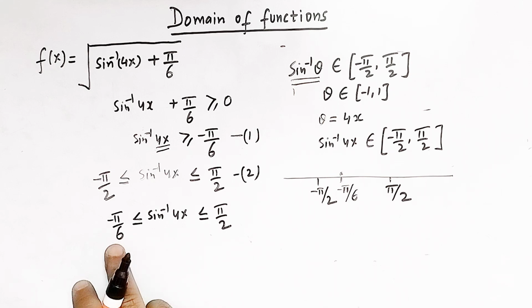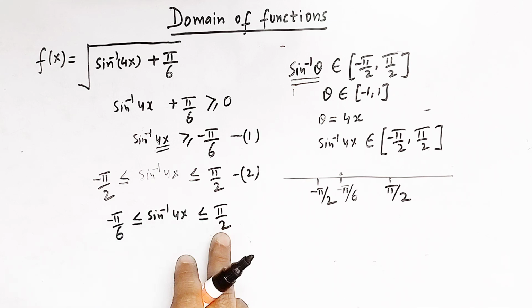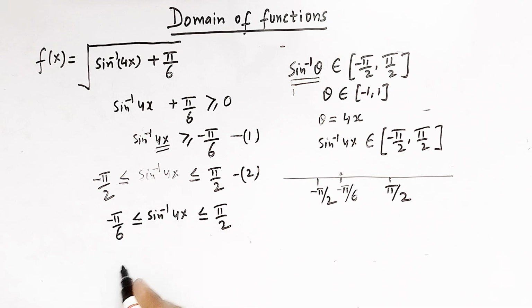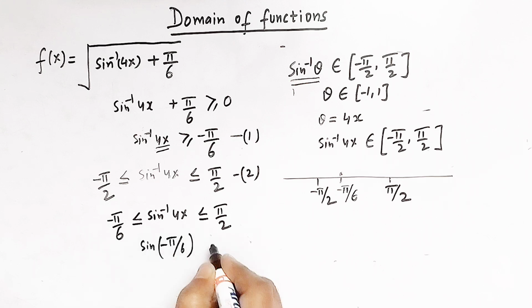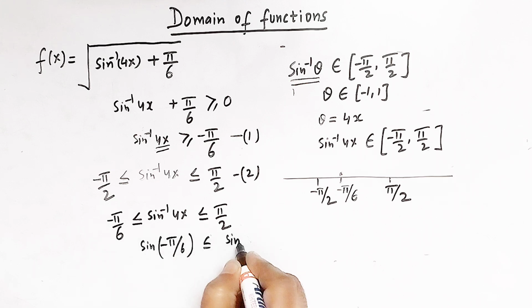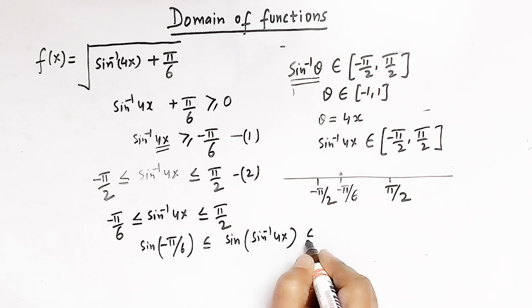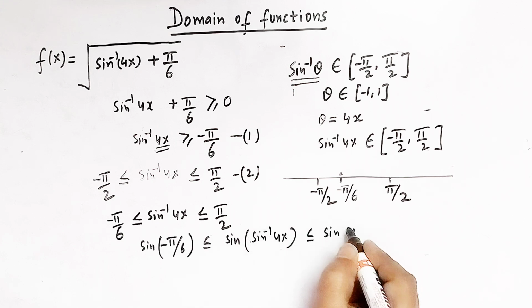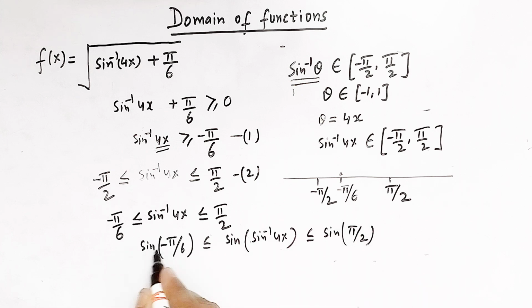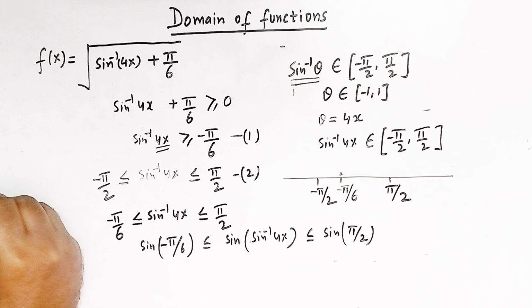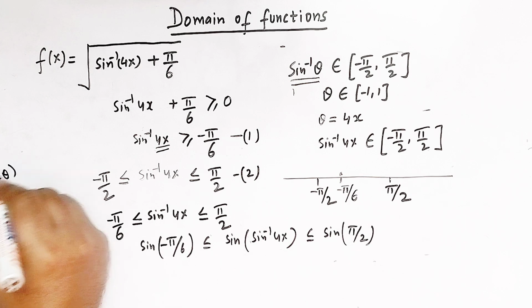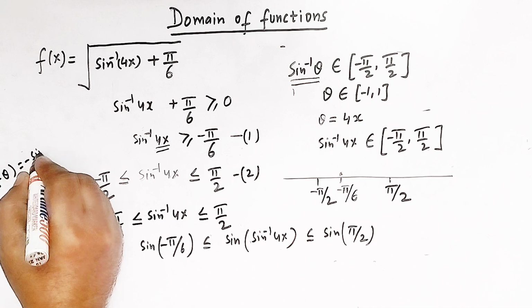So now let us take the sine of each of these three terms. So we have sine of minus pi by 6, then sine of sine inverse 4x, and then sine pi by 2. Now sine minus pi by 6: sine of minus theta is equal to minus sine theta.